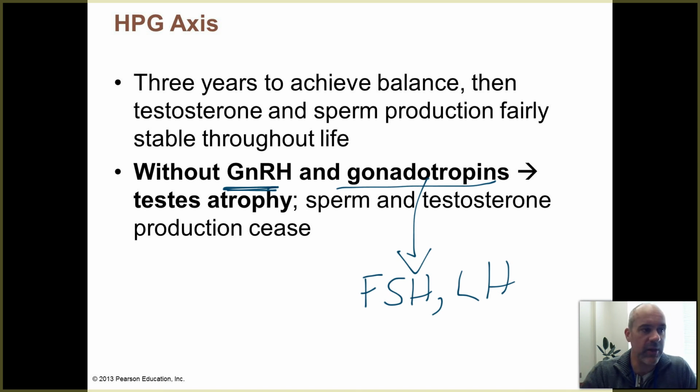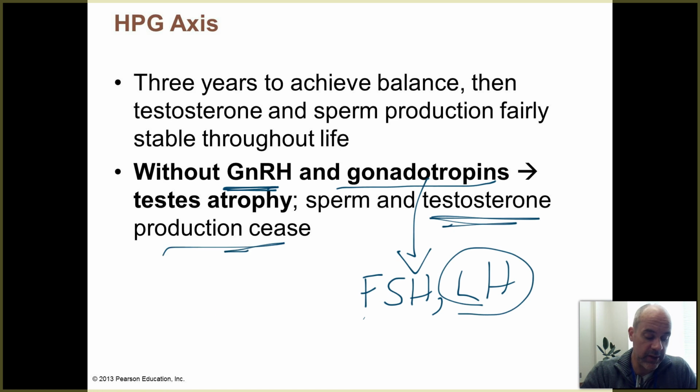So there simply aren't going to be as many cells in there bulking up the interior of the testes. And also, without production of LH, testosterone production will go down. You need LH to tell those interstitial cells to secrete testosterone.